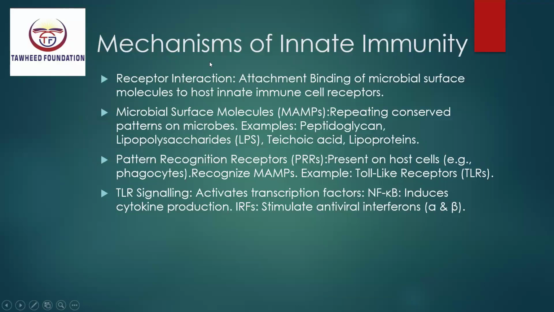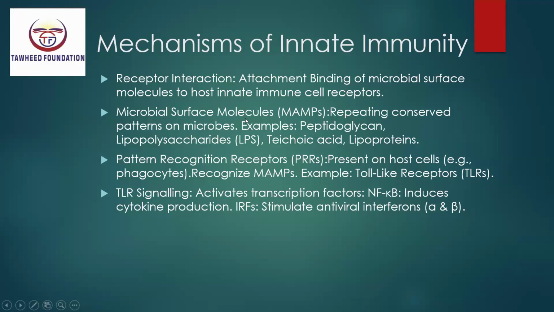Mechanism of innate immunity. Receptor interaction. Following the exposure of microorganisms, several mediators of innate immunity are recruited to the site of infection. So the first step that takes place is attachment, which involves binding of the surface molecule of the microorganism to the receptors of cells of innate immunity.